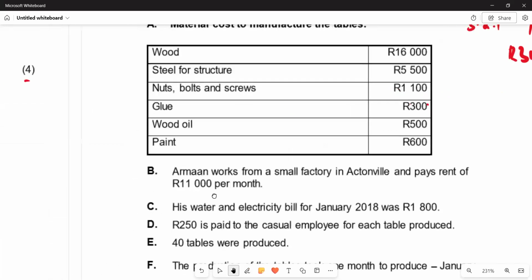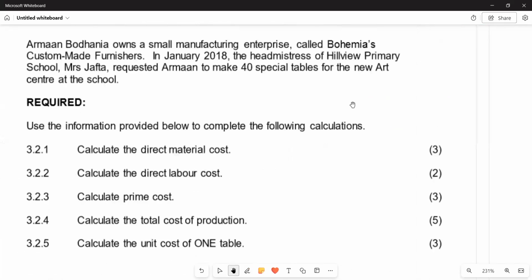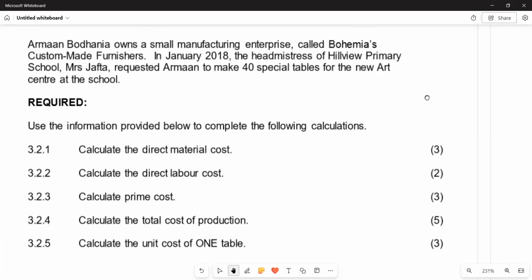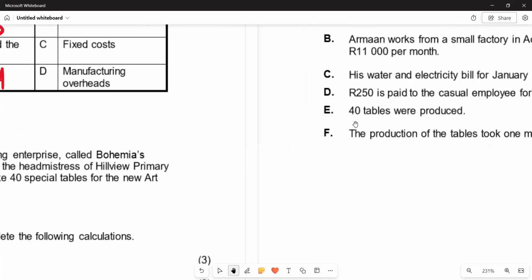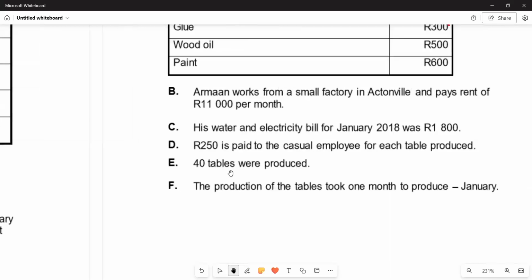Then you go to the next question, which is calculate the direct labor cost. We are told in information D that 250 rands is paid to the casual employee for each table produced. 40 tables were produced, so we say 40 times 250 to get the total direct labor cost.